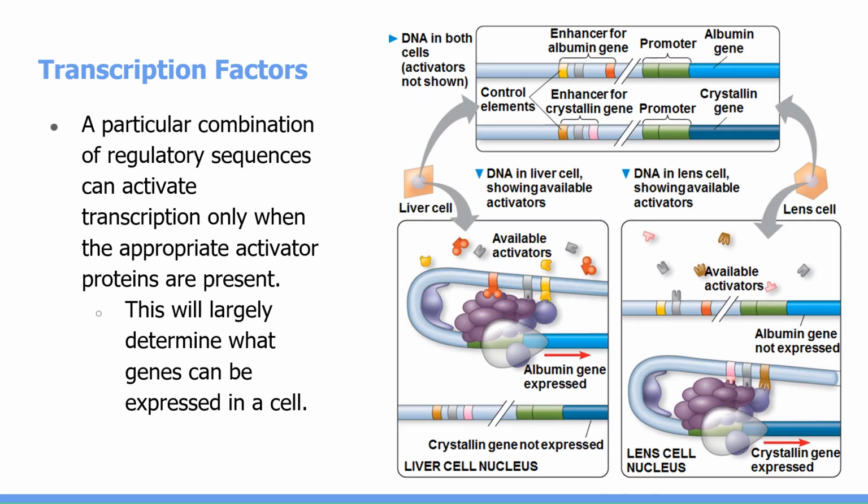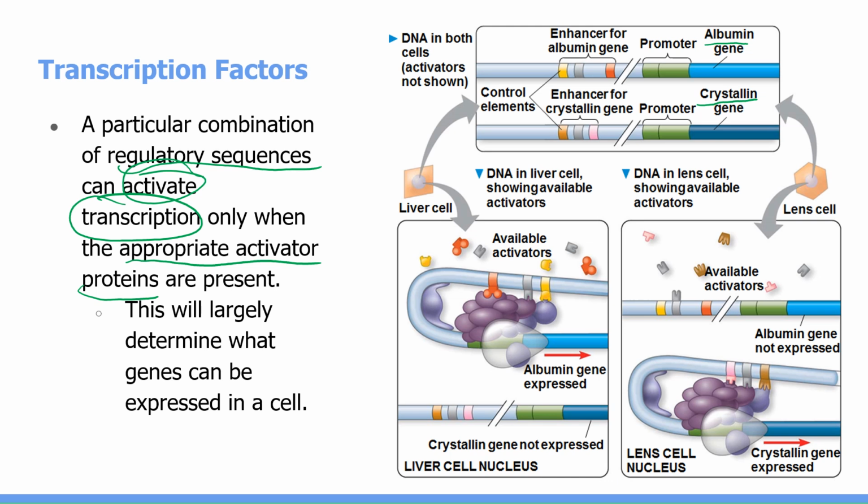So a particular combination of regulatory sequences can activate transcription only when the appropriate activator proteins are there. This will tell us whether a gene is expressed in a cell or not. Let's take a look at a specific example of the albumin gene and the crystallin gene. Remember, the DNA is in both cells, but the activators are not shown.